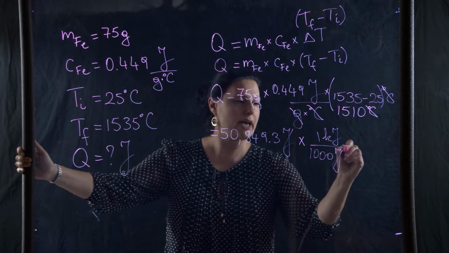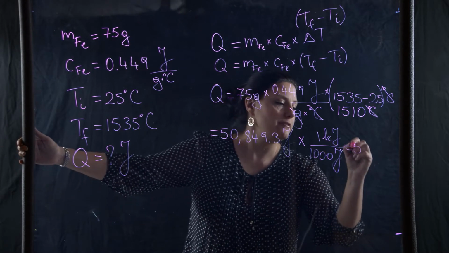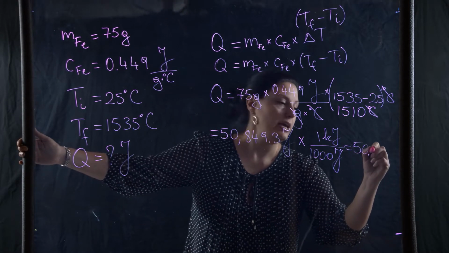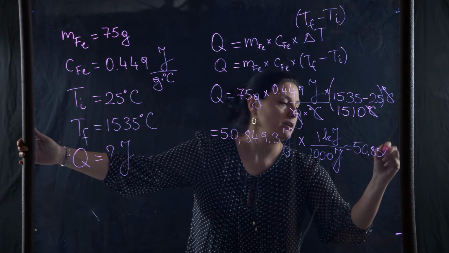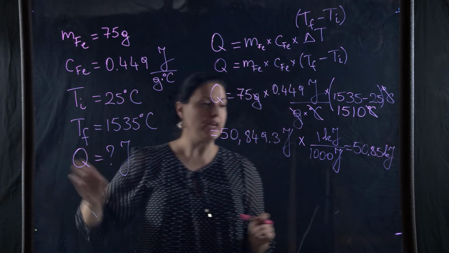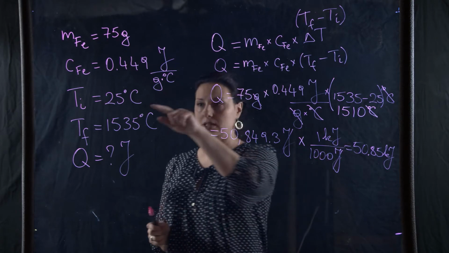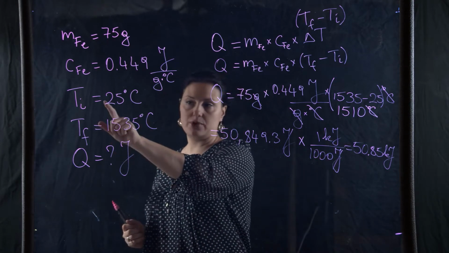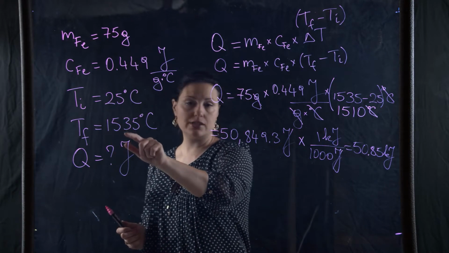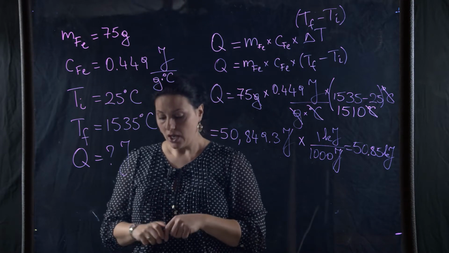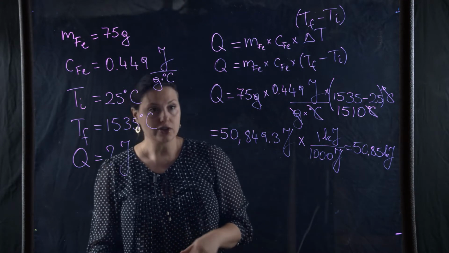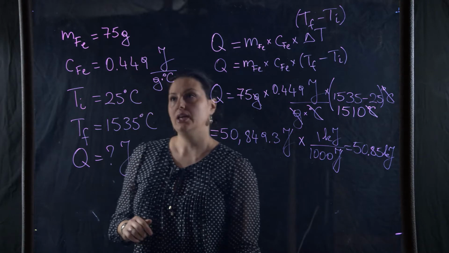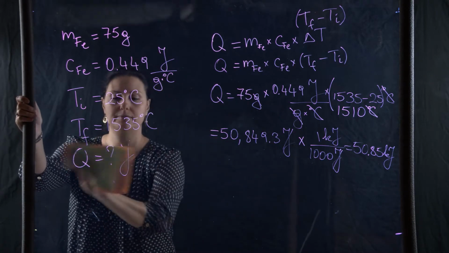My joules cancel out, and I have 50.85 kilojoules. That's how much energy I need to add to this system to get the temperature from 25 degrees to 1535. Let's look at the next problem in this slide.